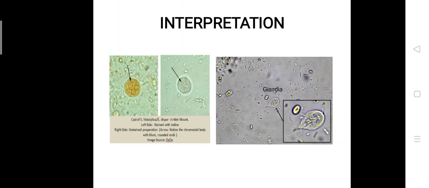Just see the cyst of Entamoeba histolytica, then the Giardia. Other organisms on a smear can be considered presumptive, but these organisms can be definitely identified at one go. That's why I have given the image of these two only, but you can always refer to your textbook also.